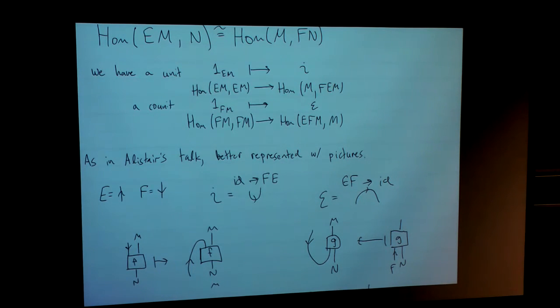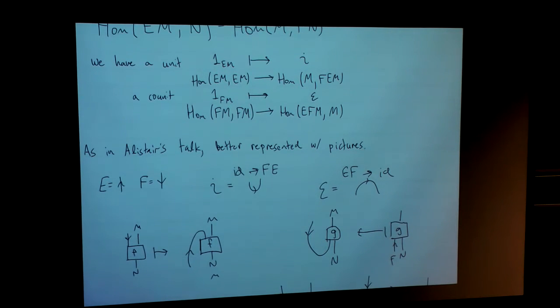That gets me a homomorphism from FN to M. So that's the map from left to right. On the other hand, here, the map from right to left, I start with, sorry, I think I mixed my N. Sorry about that.